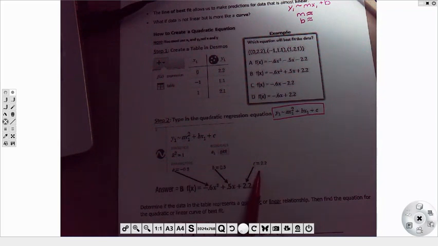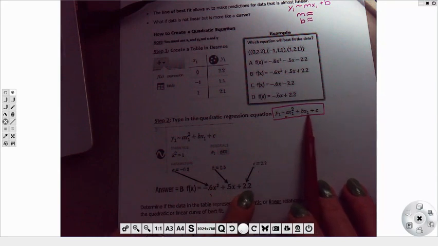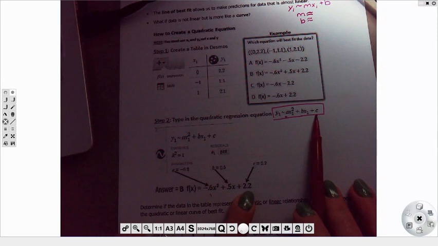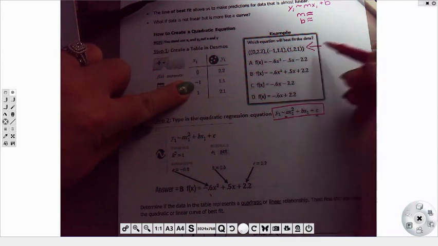And so we would see that because this is negative 0.6, our A value, we would replace it with negative 0.6. Our B value would be 0.5, and our C value would be 2.2.